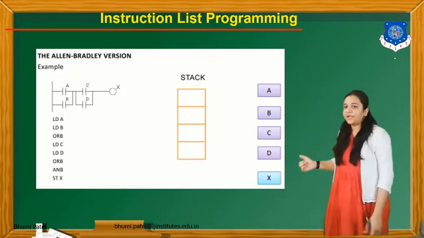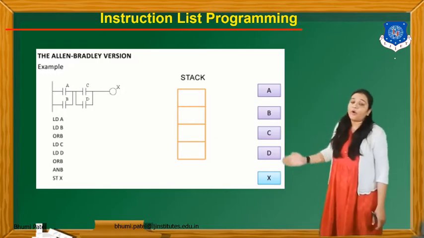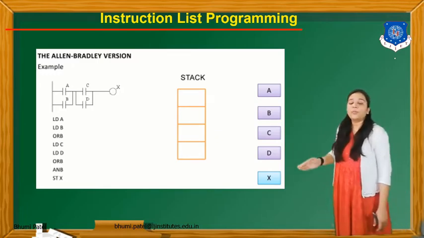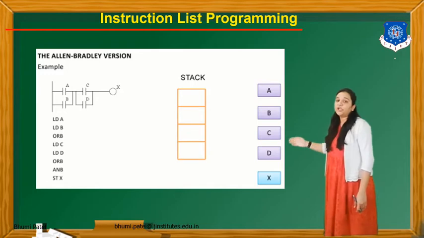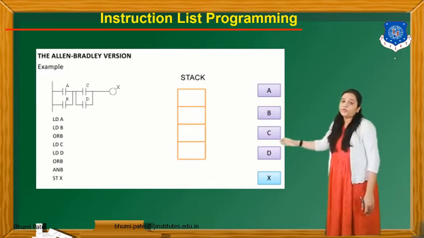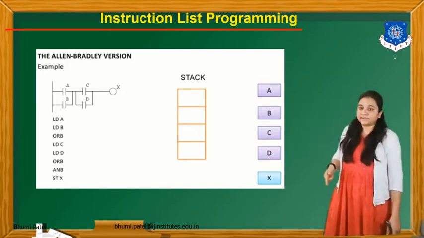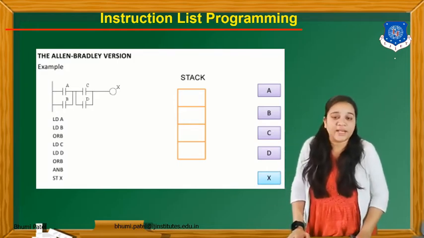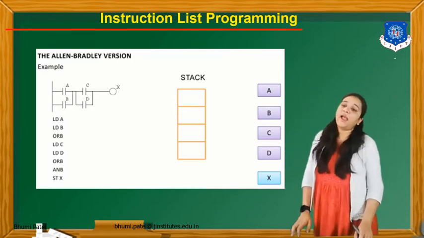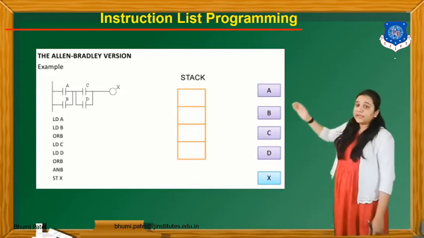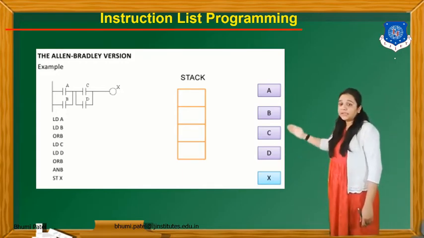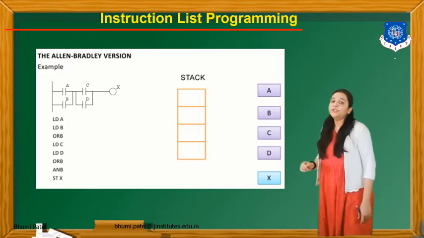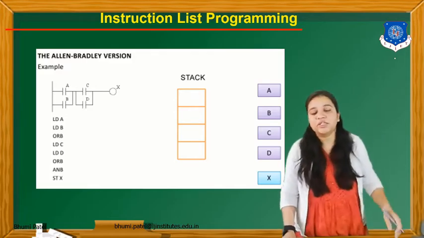So we write AND B, and then all the output will be stored in the particular X output. So we have to write ST X. We also write OUT X, that means we check the output in X. Okay, so this is the ladder program, and below is the program using the instruction list programming.